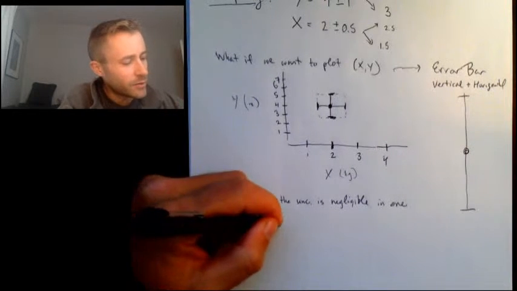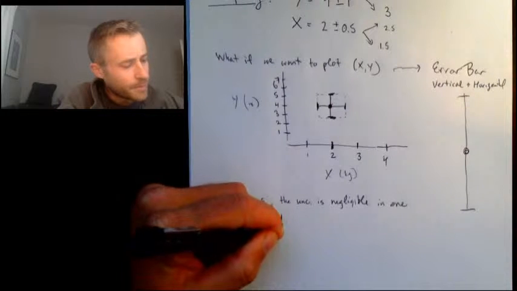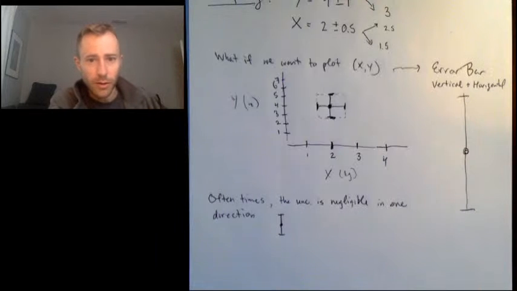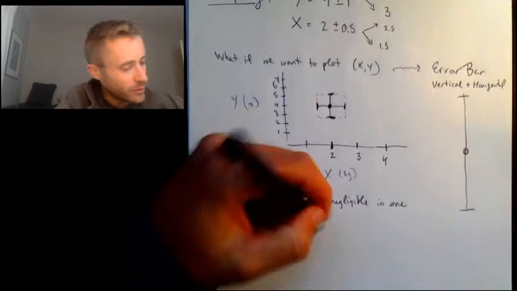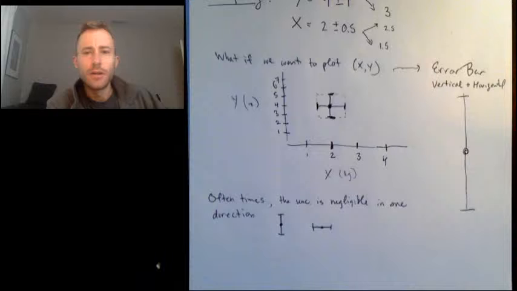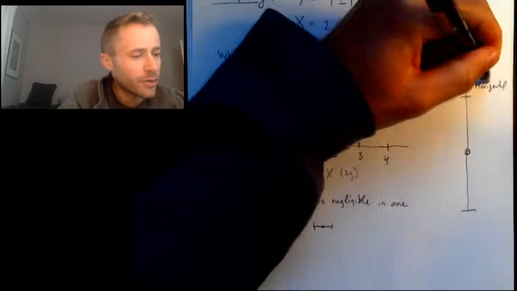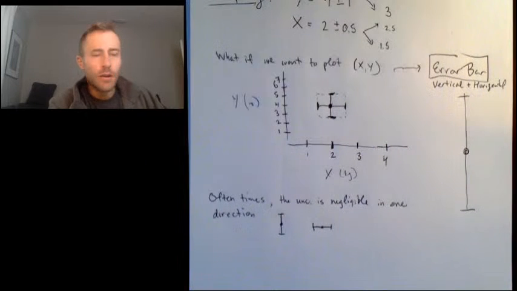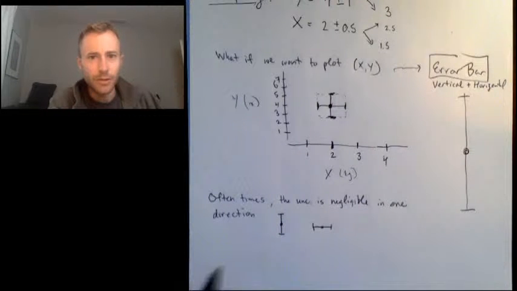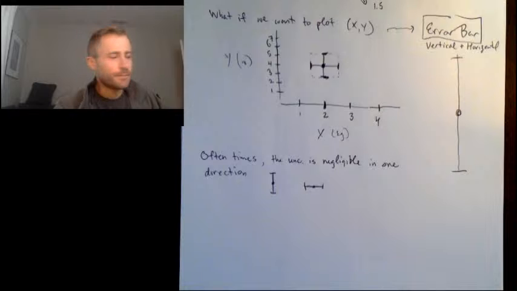If the uncertainty in x is negligible, then we would just draw the data point like this with only a vertical error bar. If the uncertainty in y is negligible, then I would draw it with just a horizontal error bar. So error bars are important. They give you some idea of how uncertain your data is in a pictorial way. That's the first part of this lesson.